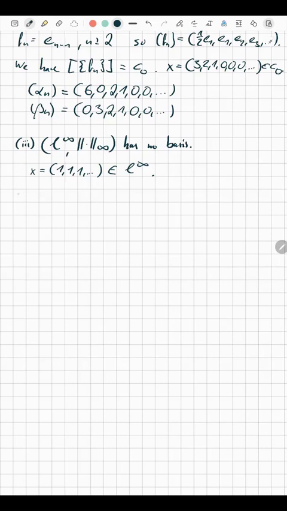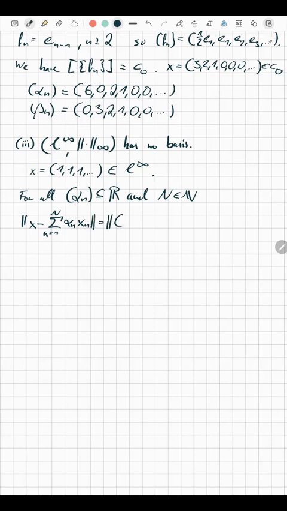Then we have, for all possible representations by scalars, and for all indices N, that the norm of x minus the Nth partial sum is the norm of the following vector.